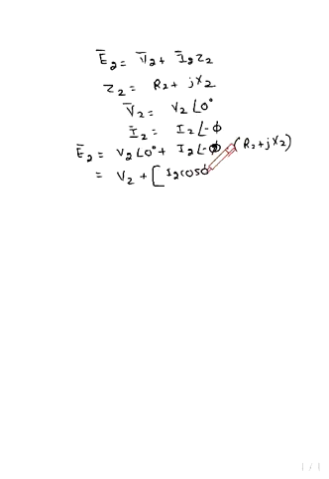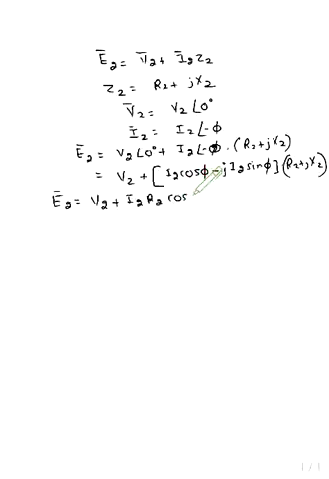We can write V2, because V2 angle 0 will be V2 cos theta plus j sin theta, and cos 0 is 1, so V2 plus I2, in Cartesian form that will be I2 cos phi minus j I2 sin phi, and that is multiplied by R2 plus jX2.